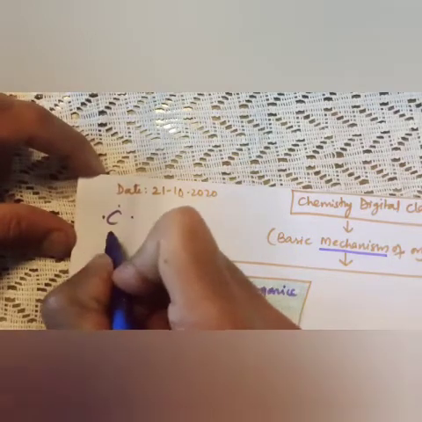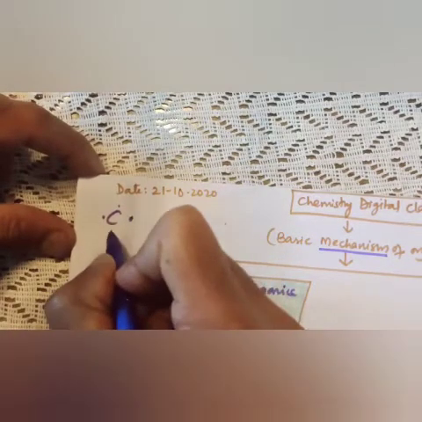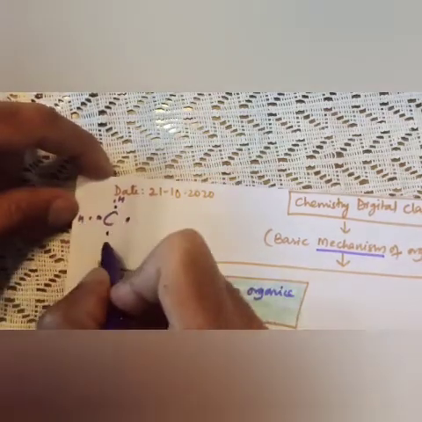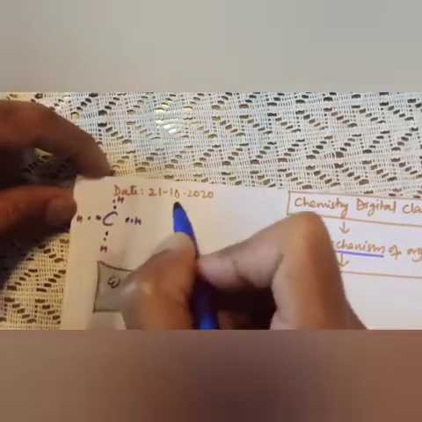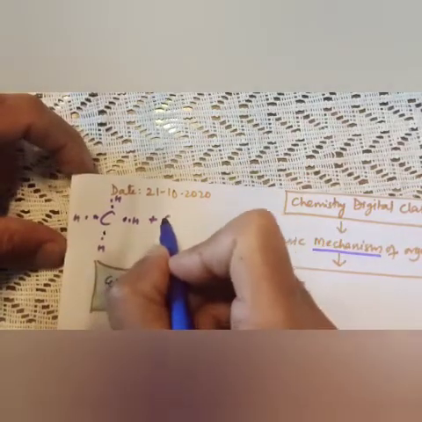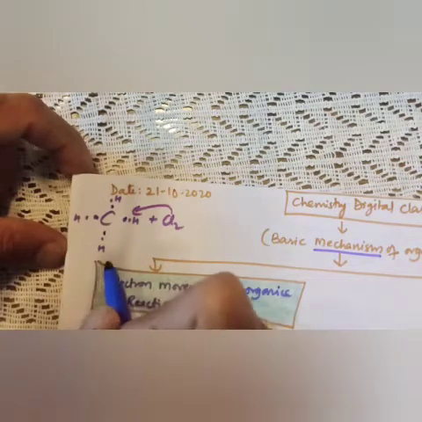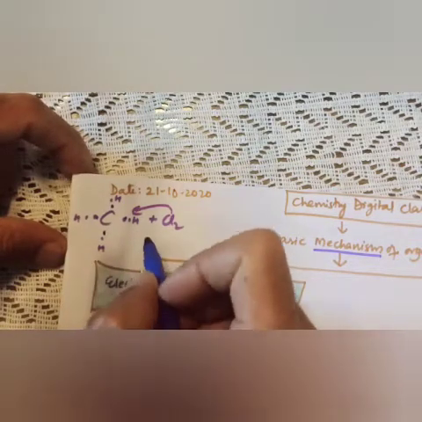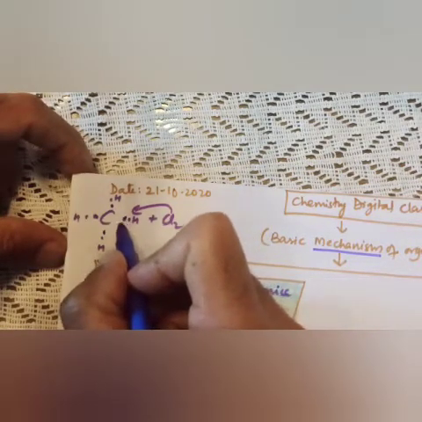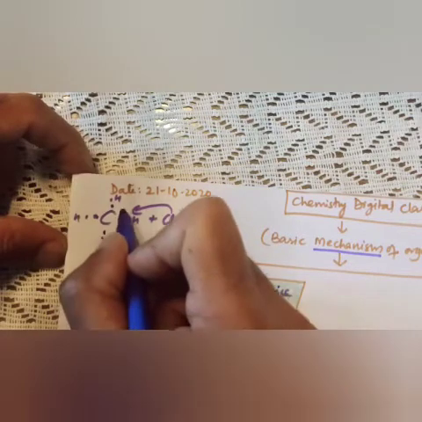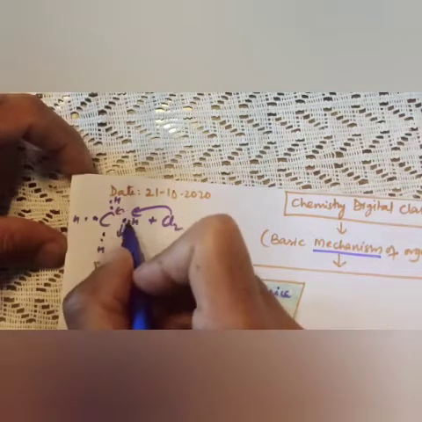Suppose this is the basic hydrocarbon with H, drawn this way. As I said yesterday, suppose chlorine is going to attack carbon or hydrogen, then this electron is going to start displacement. It can displace to this side or to this side.